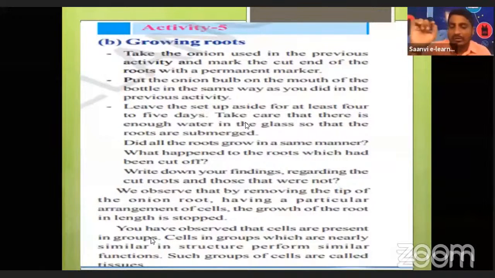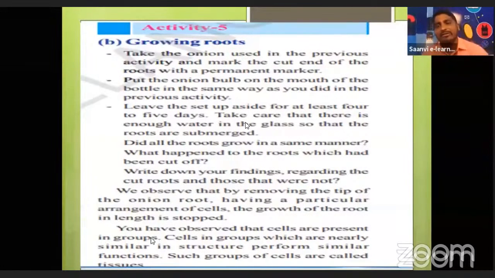If in any plant only one cell is there, then all the works that are performed in multicellular plants can be performed by only a single cell in unicellular, because there is no chance for division of labor. In that plant there is only a single cell.